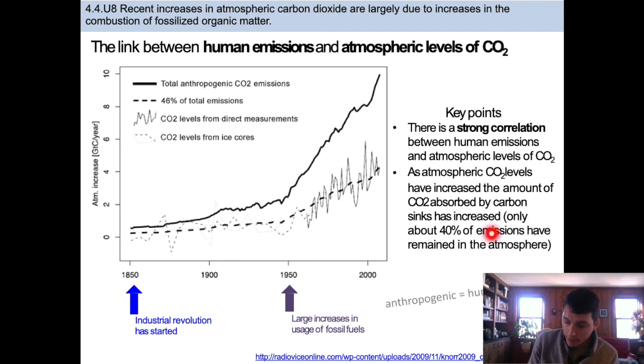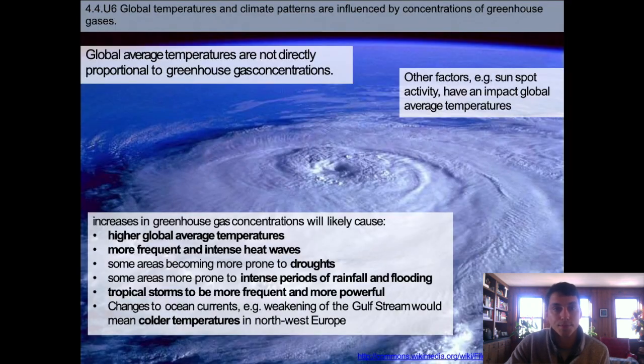We can see here that only about 40% of emissions have remained in the atmosphere. That means 60% of emissions are absorbed by other sinks, like the ocean absorbing CO2. So it doesn't just increase the levels of carbon in the atmosphere, it increases the level of carbon across all of the carbon sinks that we have seen in the carbon cycle.